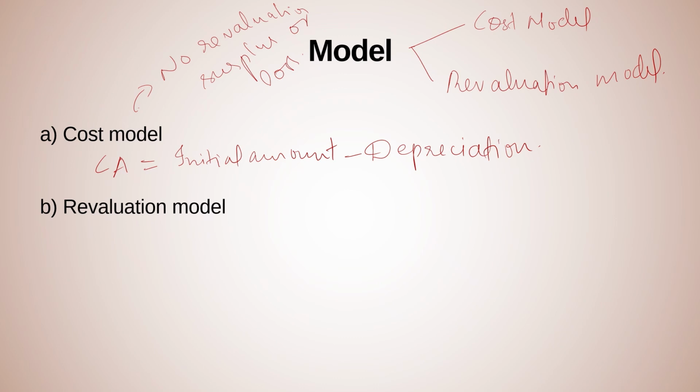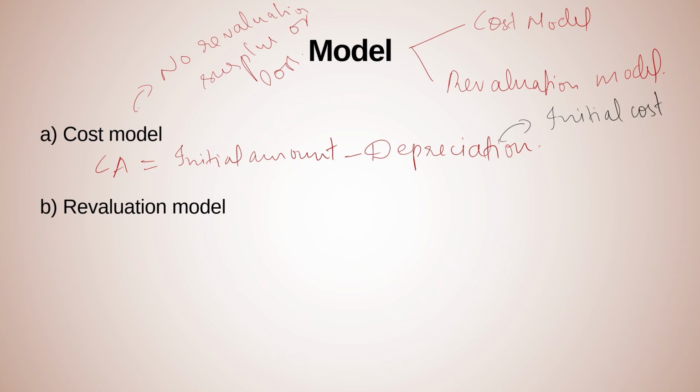Okay, how to calculate depreciation? Calculation of depreciation starts with initial cost. We have said earlier that initial cost includes the cost of bringing the asset into working condition, then one-time payment, then dismantling cost, then economic benefit inflow, purchase price. These are the costs which will be included in initial cost.